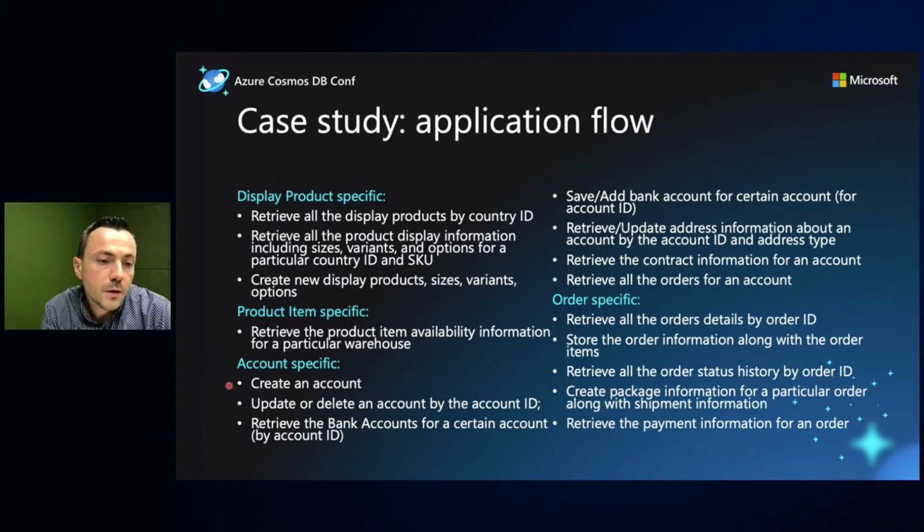Just to name a couple of examples: if you're talking about account, we need to create an account, we need to create bank accounts, save and retrieve, and work with different aspects of ordering, like putting a new order, changing status, retrieving status history, creating packages, etc., etc.